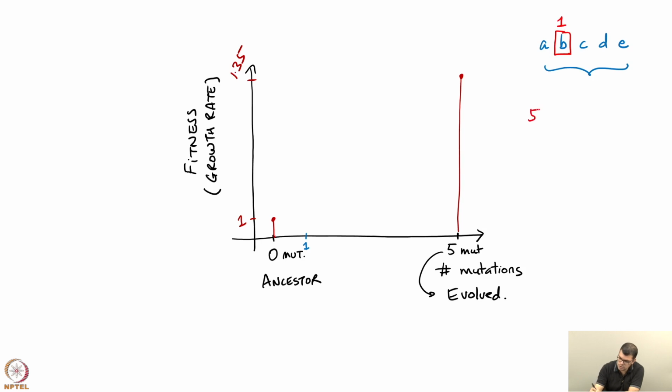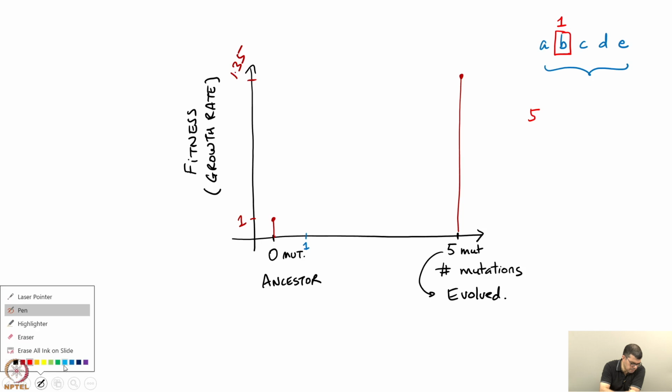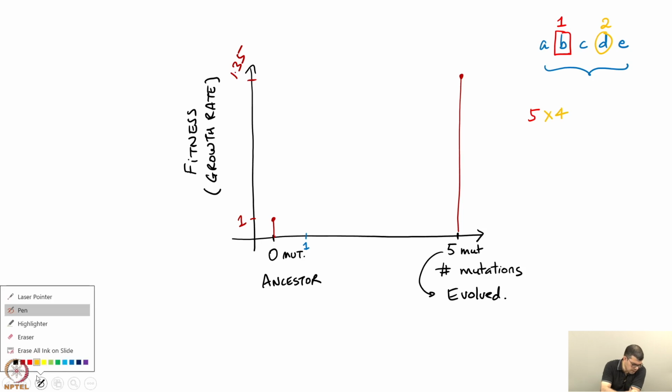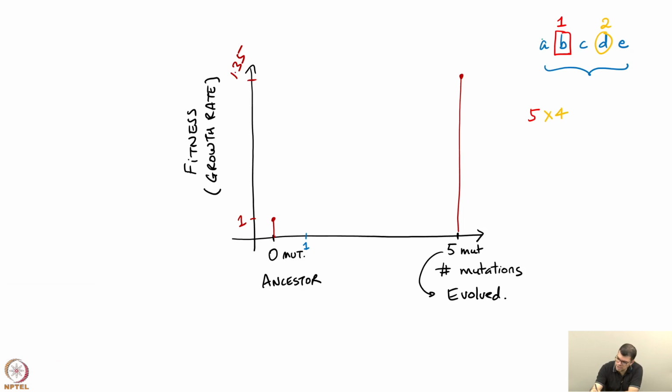I had 5 choices for the first mutation, out of which I picked B. For the second mutation, I now have 4 choices available, and let us say I pick D. For the third mutation, I have 3 choices available, and let us say I pick A. Then for the fourth one I only have 2 options available. This is my fourth mutation, and for the fifth one, whatever is left I have to pick. So, that is the only one. In all there are 120 paths.